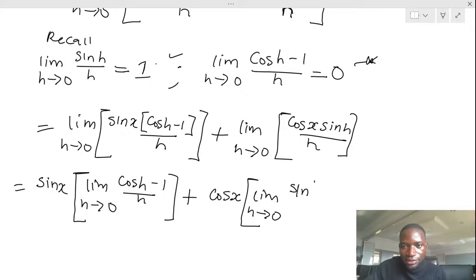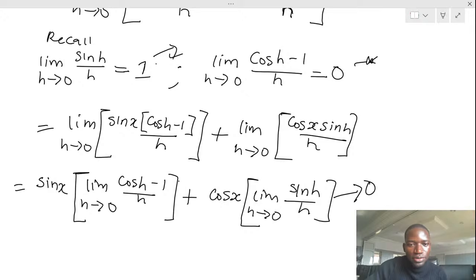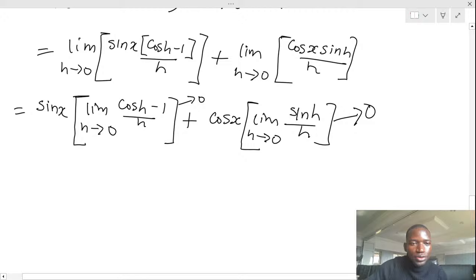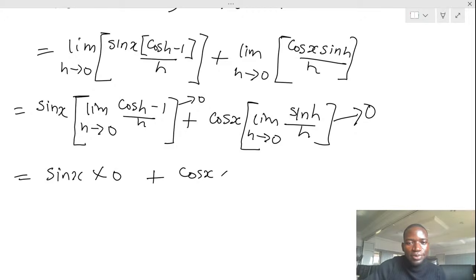Then that'll be sine h over h. Now, according to what we have here, this will tend to 1, and the whole of this will tend to 0. So we are going to have sine x multiplied by 0 plus cos x multiplied by 1. So this will give us 0, and this will give us cos x. So that is your answer.